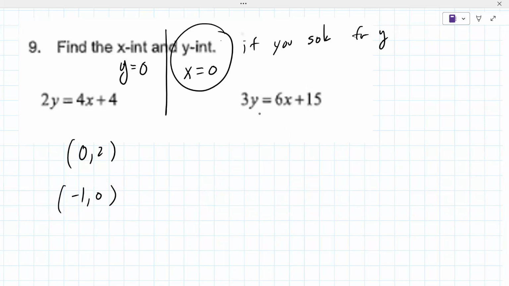So then the y-intercept is 5, and then the x-intercept is negative 5 halves. Okay, good.